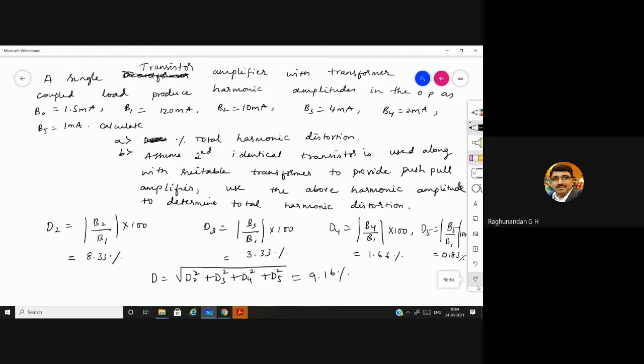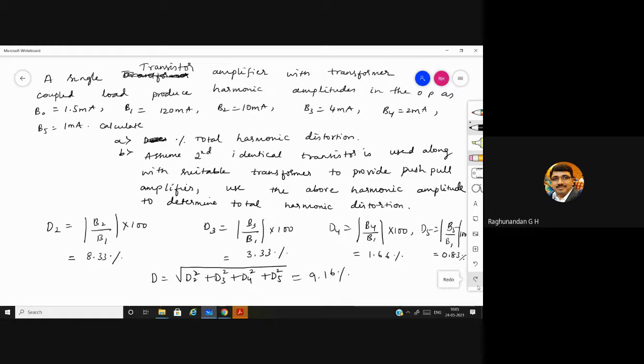When a single transistor was there, it was almost acting like a class A amplifier. But when they say assume a second identical transistor, that means along with this transistor you are adding one more transistor. So when you add one more transistor, automatically this amplifier starts behaving as a push-pull amplifier.